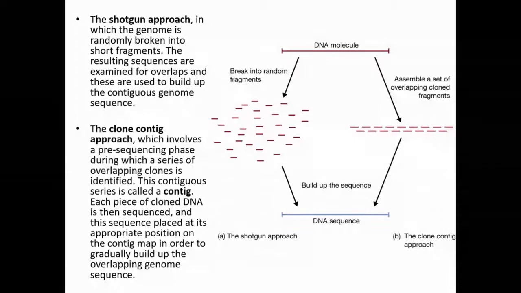All right, and the clone contig approach can provide more accurate sequence than the shotgun approach in a large genome that contains repetitive DNA, okay? But the clone contig approach is time consuming, all right? Because you need to construct the overlapping series of cloned DNA fragments. And so it's more time consuming.